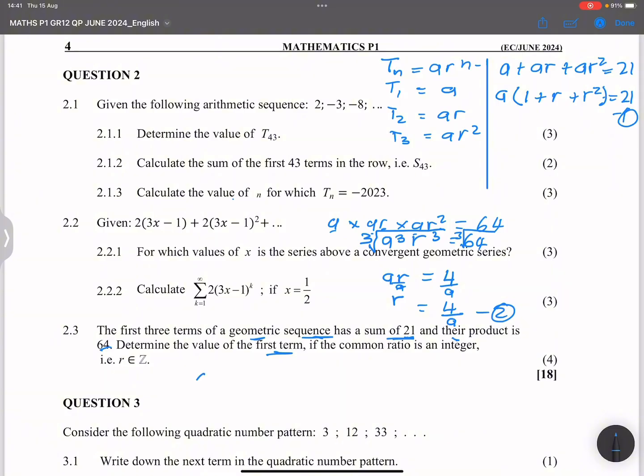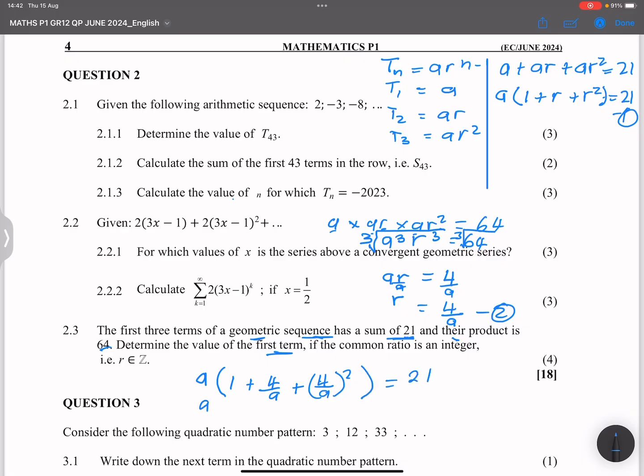So I've got a times, 1 plus r, which is 4 over a, plus r squared, which is 4 over a squared, and this will be equal to 21.